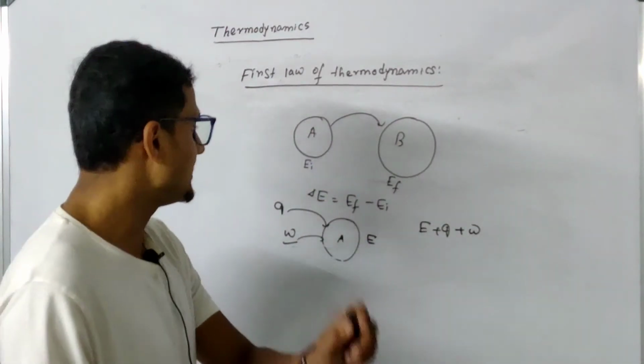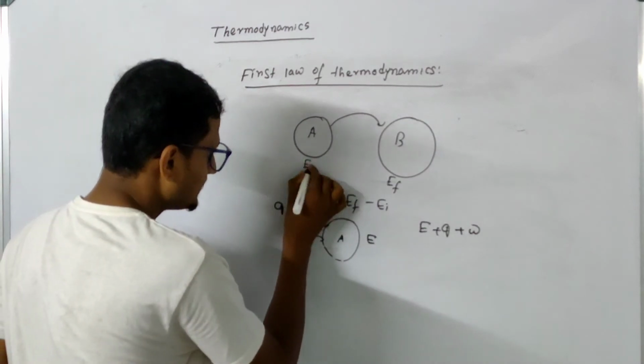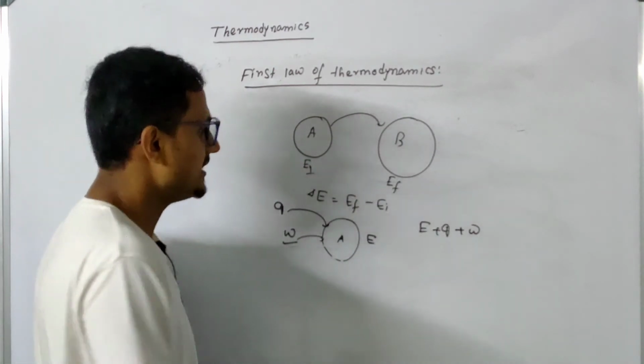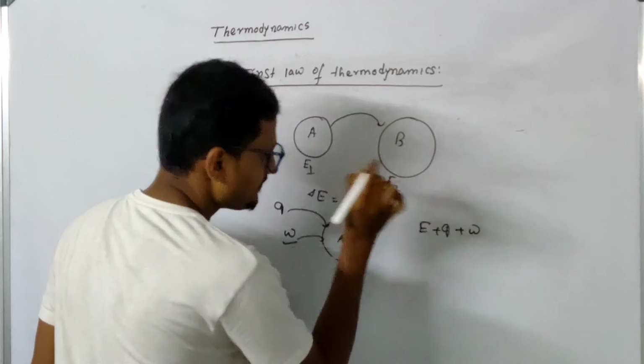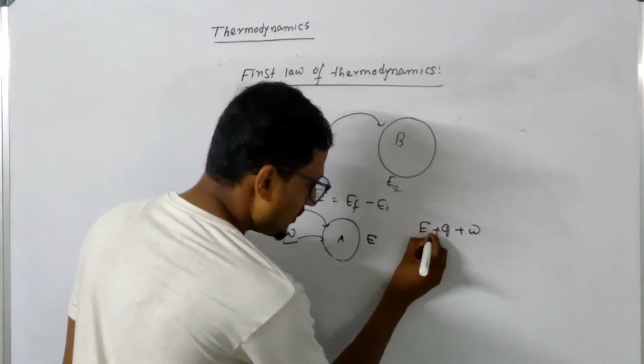Say the initial internal energy is E1 and the internal energy becomes E2. So here the internal energy is E1.